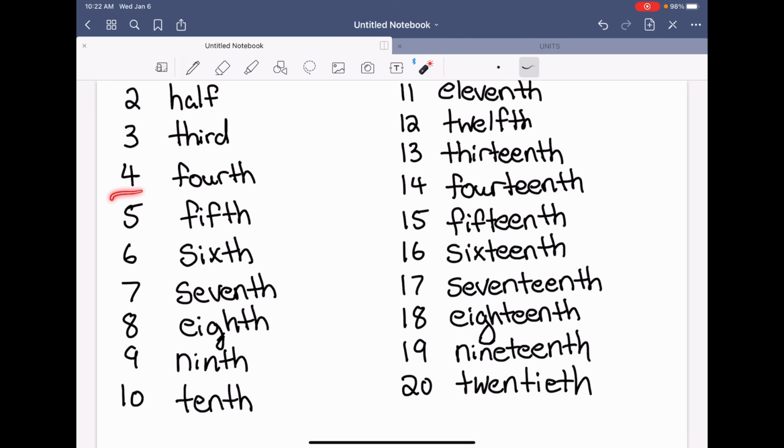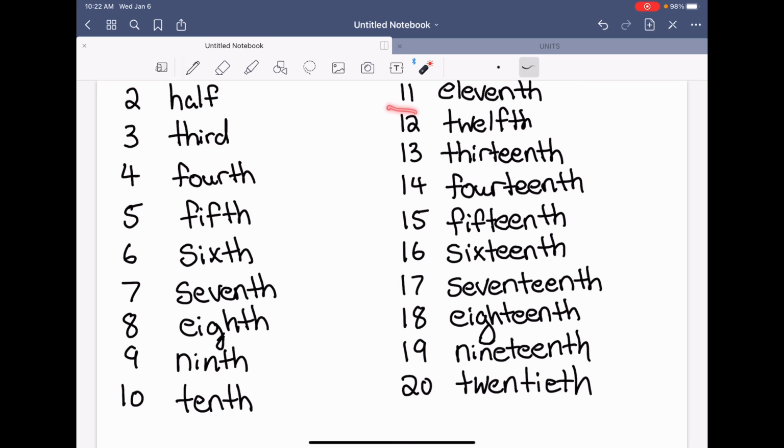If we see 4, fourth. 5, fifth. 6, sixth. 7, seventh. You see how a lot of these words, we're just adding th to the end. So we see 8, we write eighth. 9, ninth. 10, 10th.